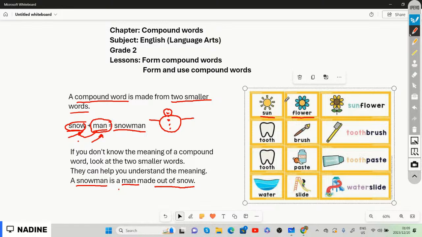If we put those two words together, sun plus flower, we get a sunflower. A sunflower is usually yellow with black in the middle.